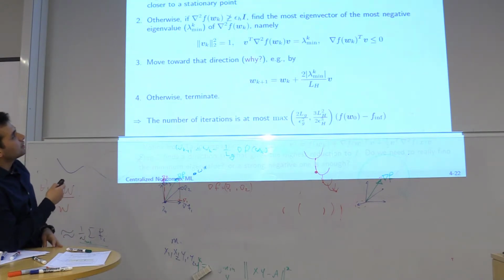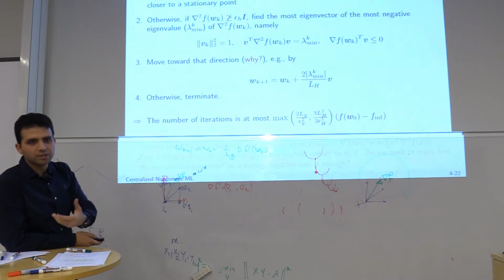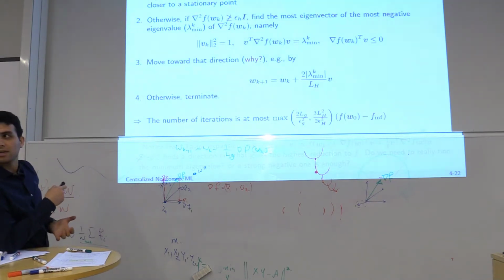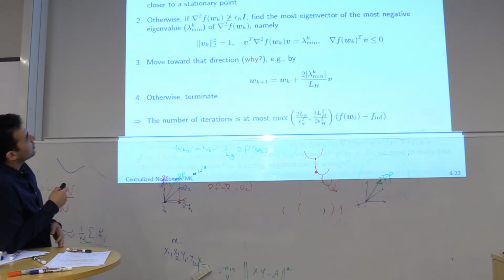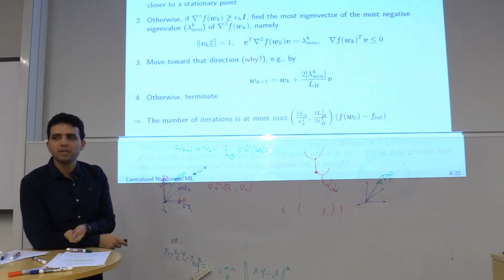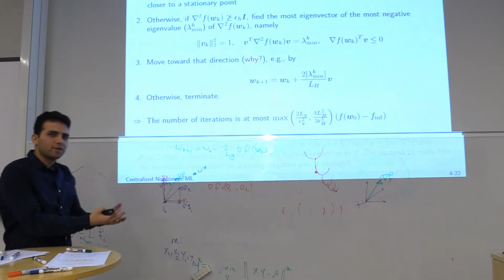Whenever this doesn't happen, then it means that we are in the region where the gradient is very small, almost vanishing. So in that case, check the Hessian, the minimum eigenvalue of the Hessian, and if it is not larger than epsilon h, so if it is not sufficiently PSD, positive semi-definite, then it means that now we are in a saddle point.